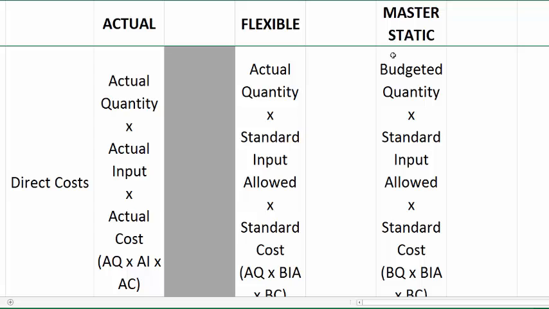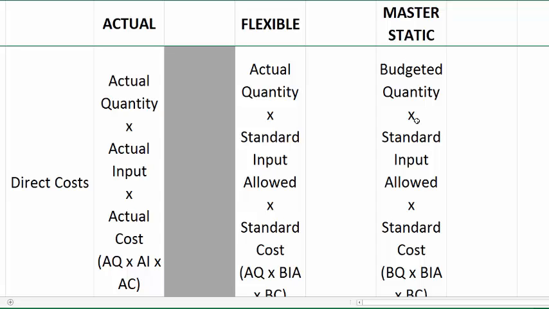All right, so let's review what's in the master static budget. We are using the budgeted quantity of units, and we're multiplying that times the standard input allowed. If we're talking about direct materials, how many pounds of whatever does it take to make a unit according to what we are allowing in the process, according to the engineers, according to production?